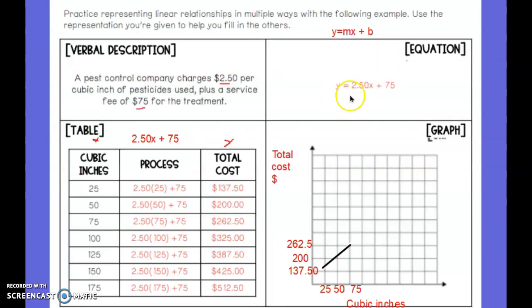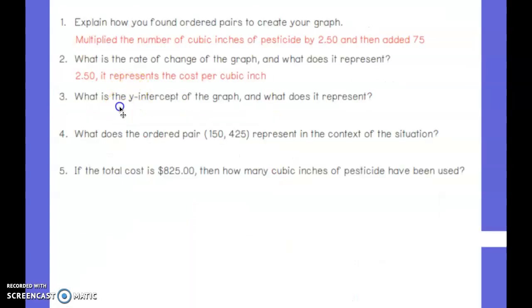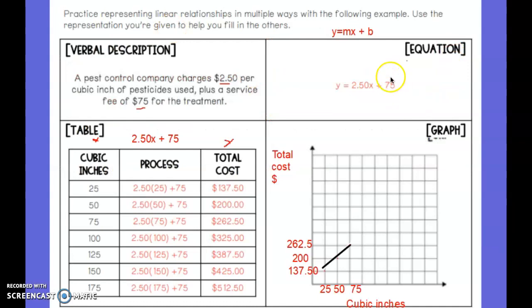If you go back here, the $2.50 is representing your rate of change. What is it representing? The price per cubic inch. That's what you're going to write in there. The y-intercept is $75 and it represents the pest control treatment, and it is given here, and it tells you what it is in your verbal description also.